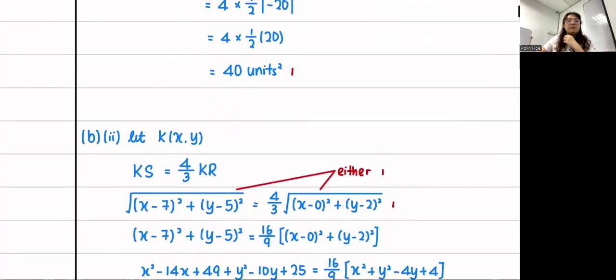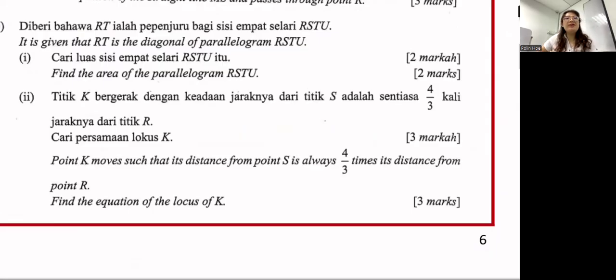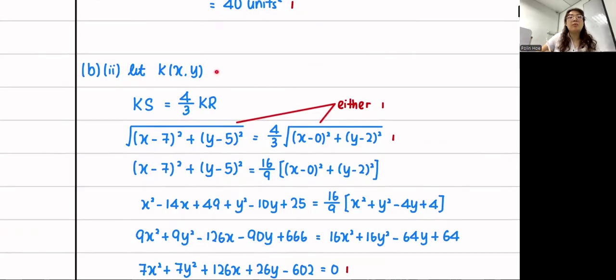Let's go to B part 2. Sorry, I forgot to change the question. Point K moves such that its distance from point S, so I have KS, is always 4/3 times its distance from point R. KS equals 4/3 KR. It is a moving point, so I let point K be x and y. For locus, we use the distance formula.